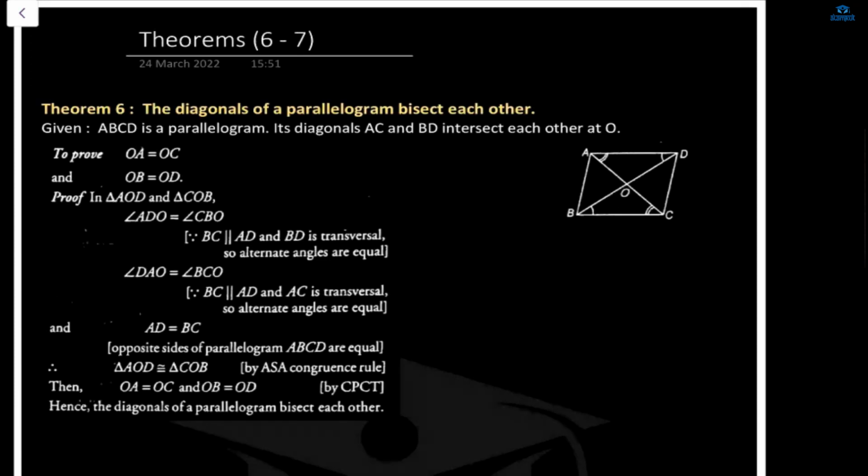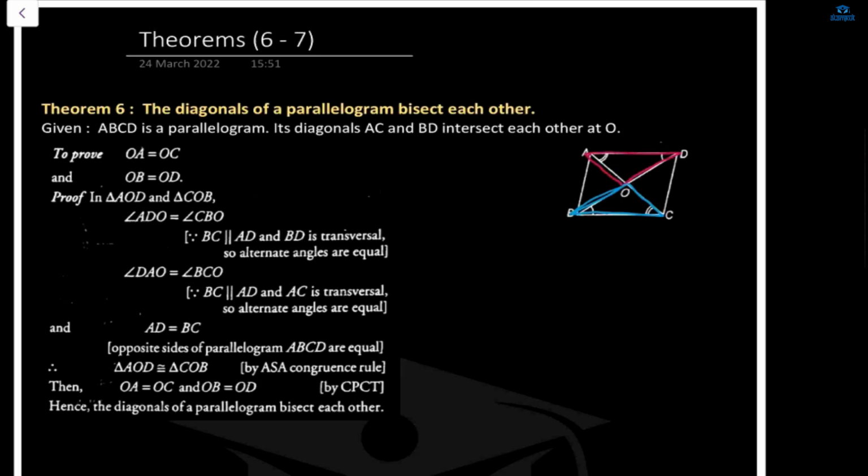We can take two triangles and prove them congruent. In this triangle AOD, and one triangle I'm taking this one. In these two triangles, it is a parallelogram, so AD is parallel to BC.